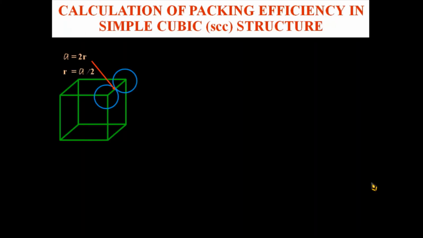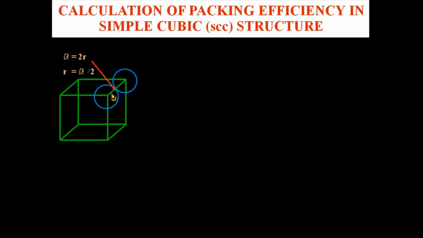In simple cubic unit cell, there are 8 atoms at the 8 corners of the unit cell. This is a simple unit cell. Here we show two spheres at two corners.